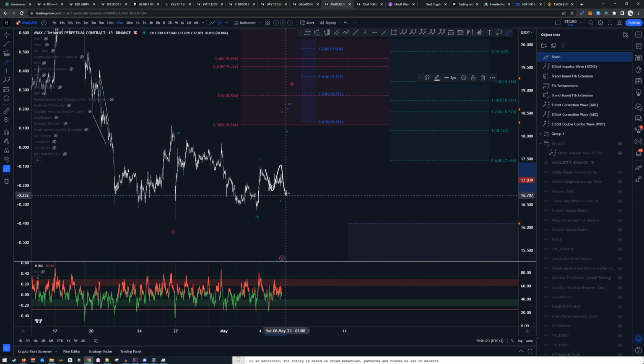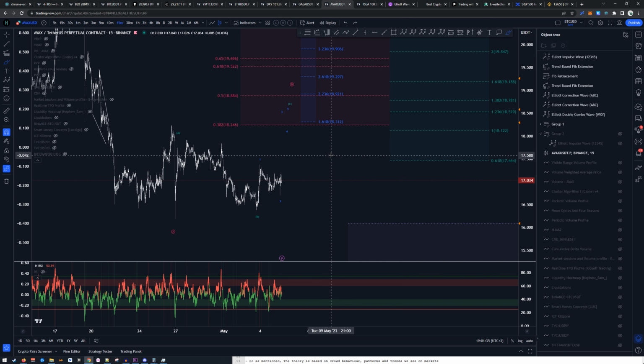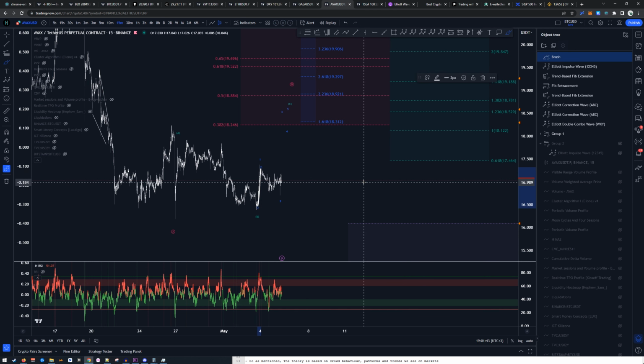It might be that we just do this the whole time, get through Monday with this very sideways structure, and then rise up on Monday. That is definitely a possibility. However, I do like the idea here, and I'm still going to probably go against this low, as I like the idea that this is the start of something.